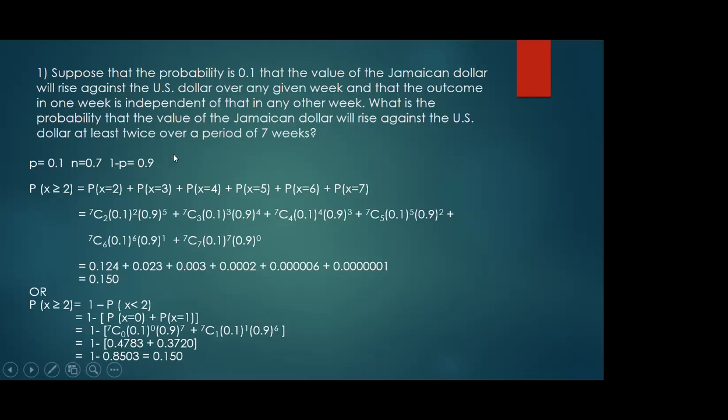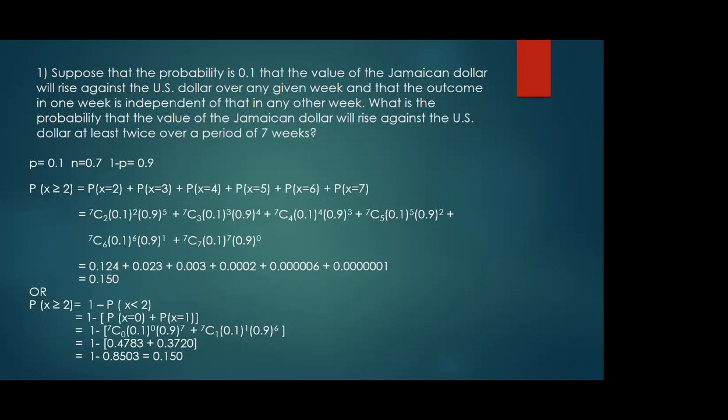So the question asks, will rise against the US dollar at least twice over a period of 7 weeks? So when you hear at least, it means this is your minimum value, so it's greater than or equal to the value.